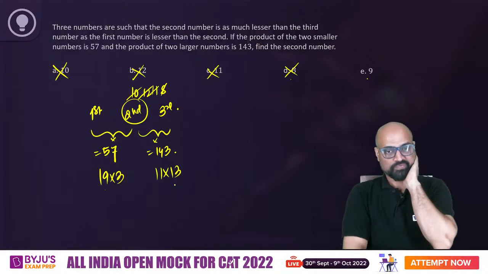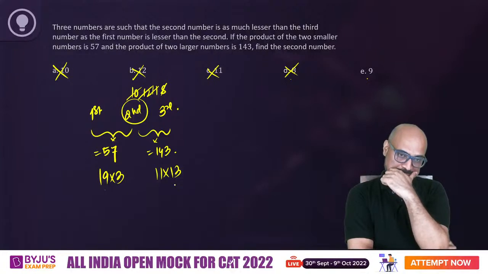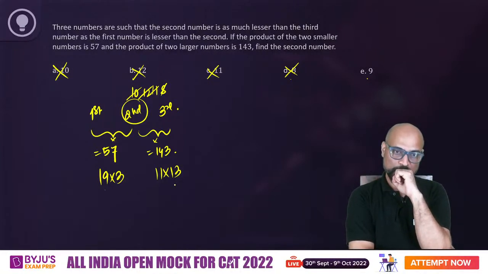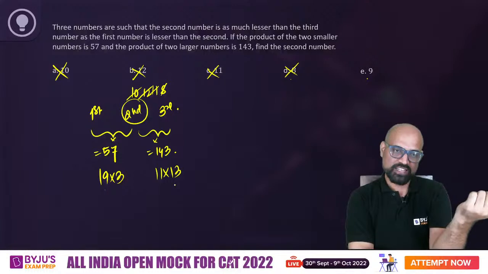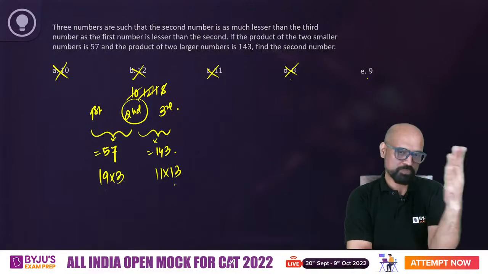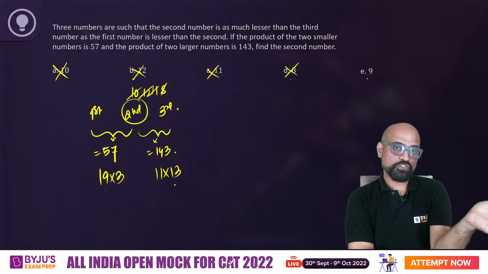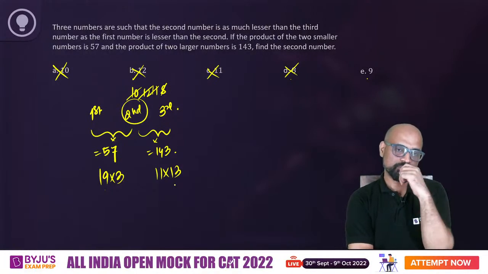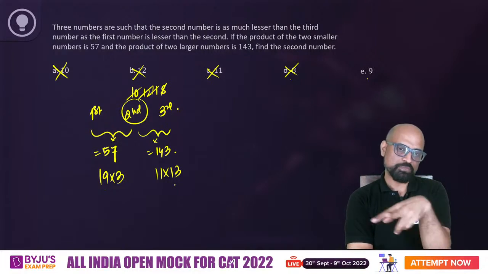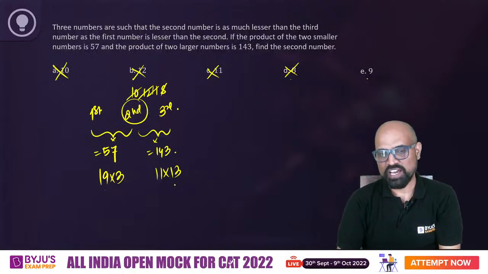Okay. Second number is as much less than the third number. So second number is smaller than third number, as the first number is smaller than the second. तो वो उससे छोटा है. If the product of the two smaller numbers is 57, product of two larger is 143. So there has to be something common, no?